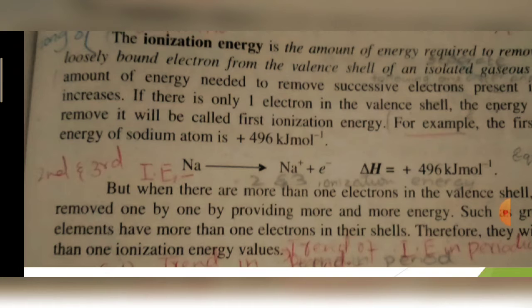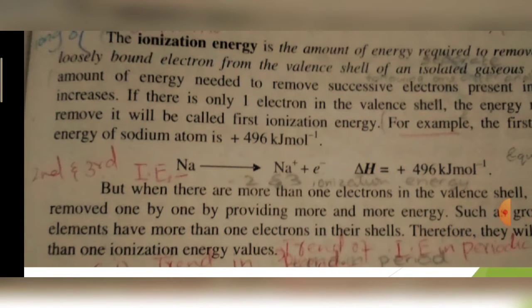Similarly with third group elements, when we remove the first electron it requires less energy, the second requires double the amount of energy, and the third requires triple the amount, because by removing electrons, positive charge increases and the nucleus attracts the electrons more strongly.